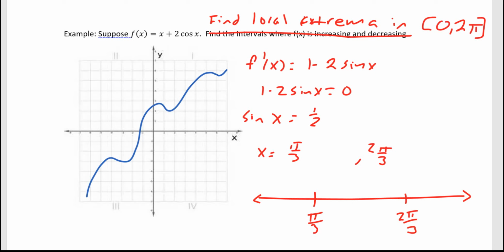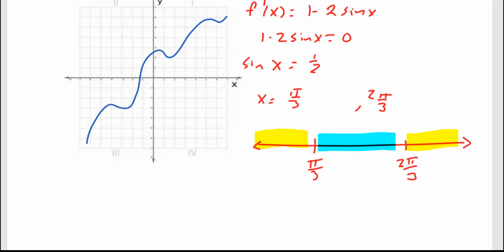Now notice we have actually 3 intervals here. We have this one, this interval, and this interval. And I need to pick a test point in each of those. So in my first interval, I'm going to pick something that's less than pi over 3. So you know what? Let's be crazy and use a 0.